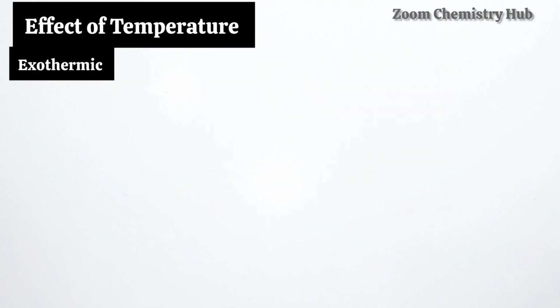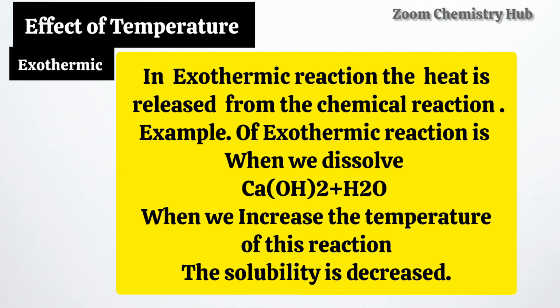As we know that in the exothermic reaction, the heat is released from the chemical reaction, and the example of exothermic reaction is when we dissolve calcium hydroxide in water, the heat is released from this solution, and when we increase the temperature of this solution, then the solubility of calcium hydroxide will decrease.